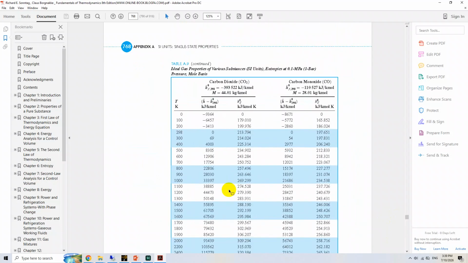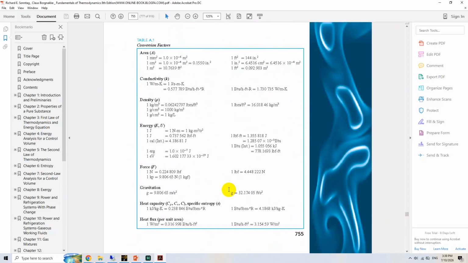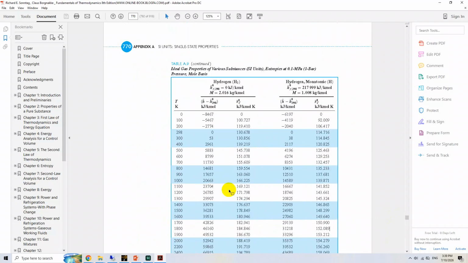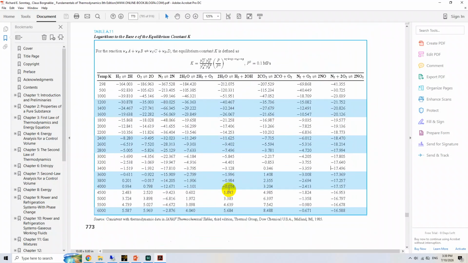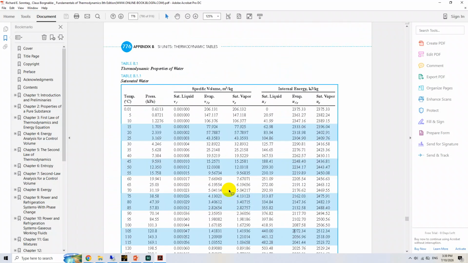In the appendix of the book, for example, tables B.1.1 and B.1.2, we have the thermodynamic properties of water: temperature, pressure, and specific volume for liquid, vapor, and between liquid and vapor.